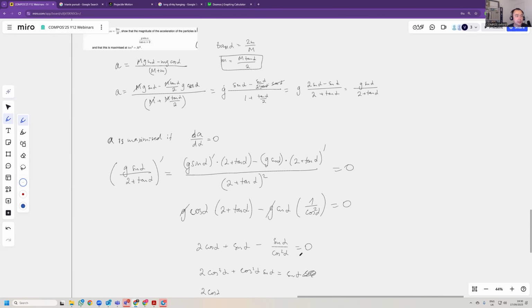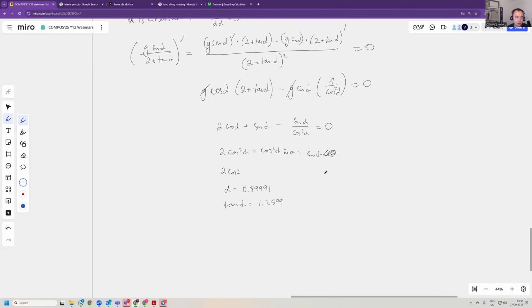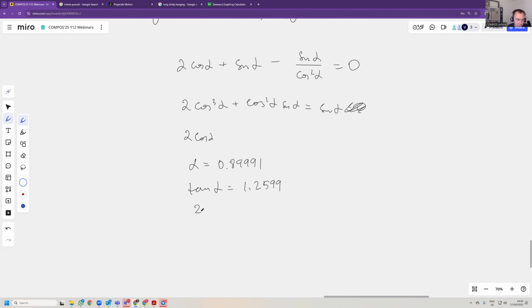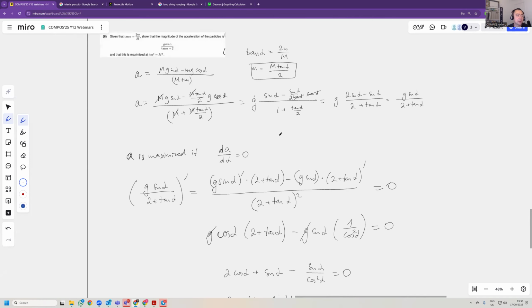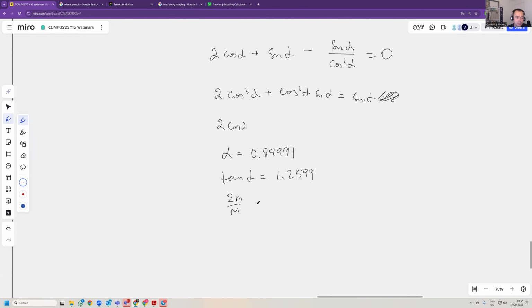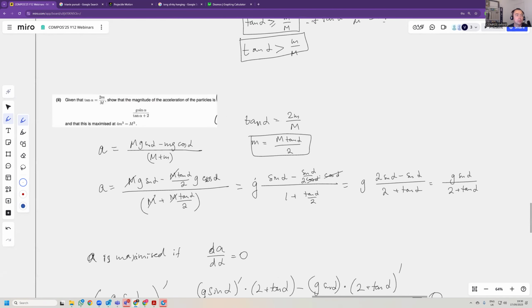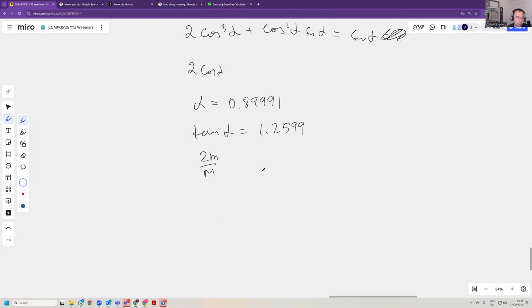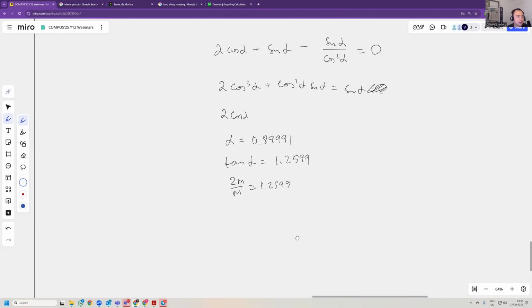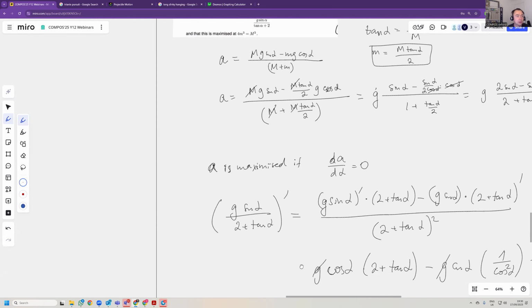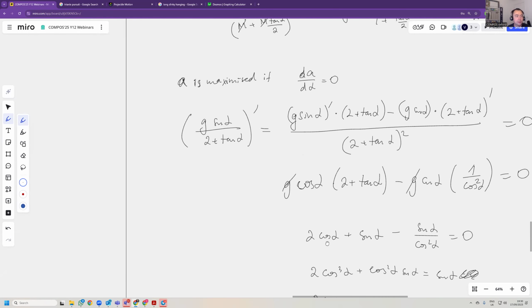And then we know that tan alpha is 2m over m, so 2m over m is equal to 1.2599.